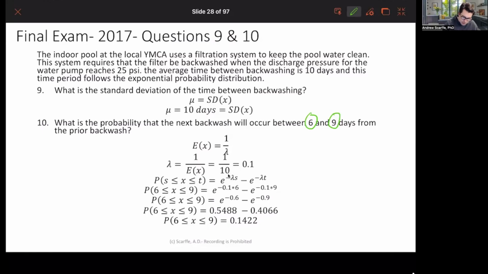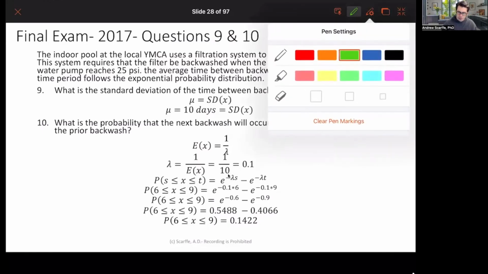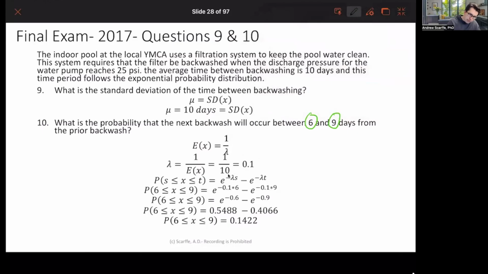Now, when we're dealing with an exponential probability distribution, before we look at this solution, let's just envision it for a second. Our exponential probability distribution looks similar to this. And what this question is asking us is, what is the probability that we are somewhere between 6 and 9 days?